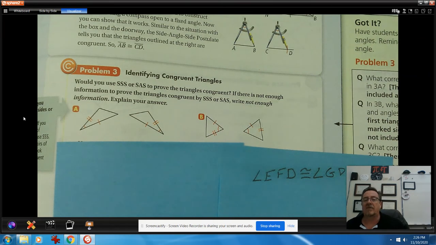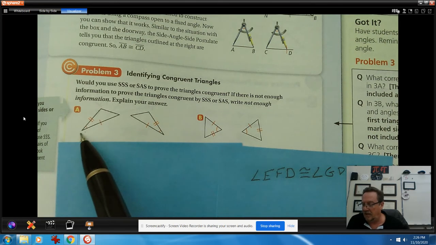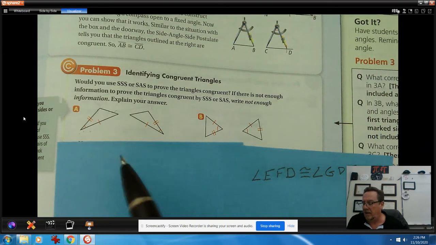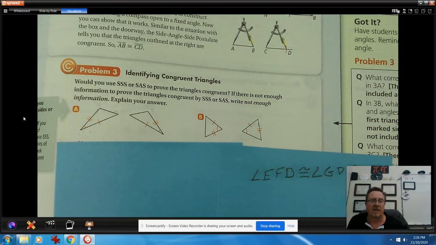Can I use side, angle, side? Yes, I can. This side, this angle, and this side, and again, I have the included angle, are congruent to this side, this angle, and this side, right? So these triangles are congruent by side, angle, side.